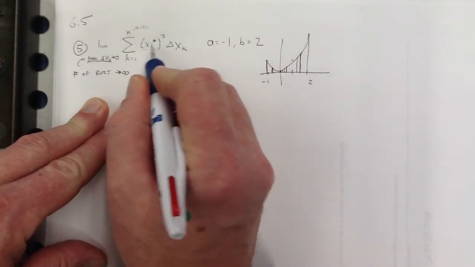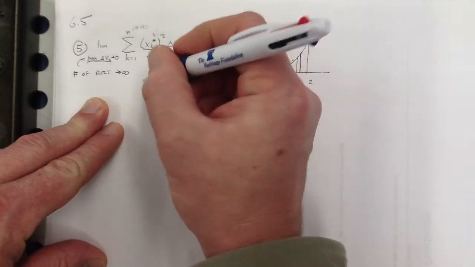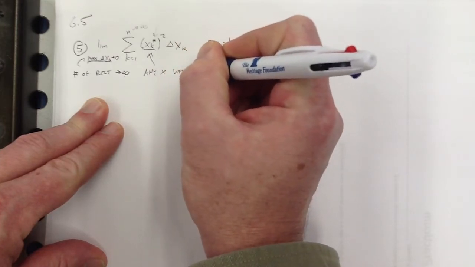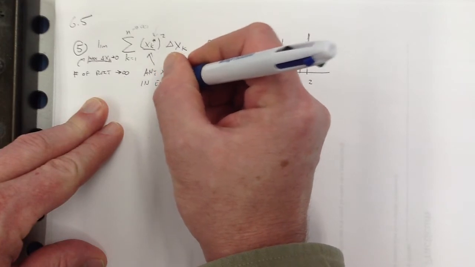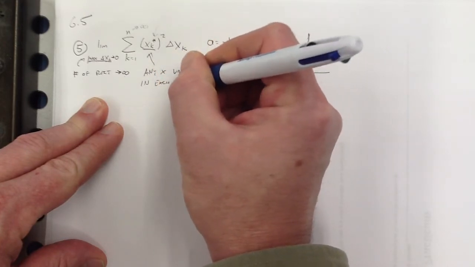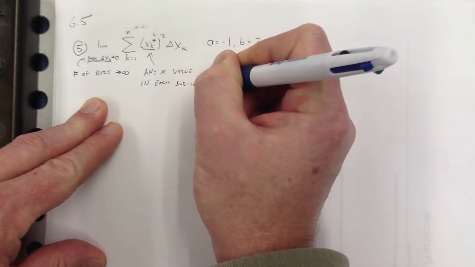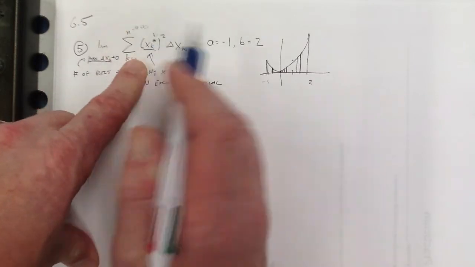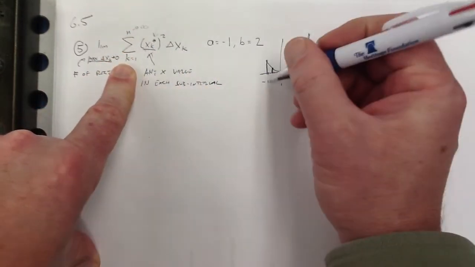So what does this mean? This just means any x value in each little subinterval. The reason that we're using this notation and we're being loose here is that it doesn't have to be the left endpoint, it doesn't have to be the right endpoint, it doesn't have to be the point right in the middle.